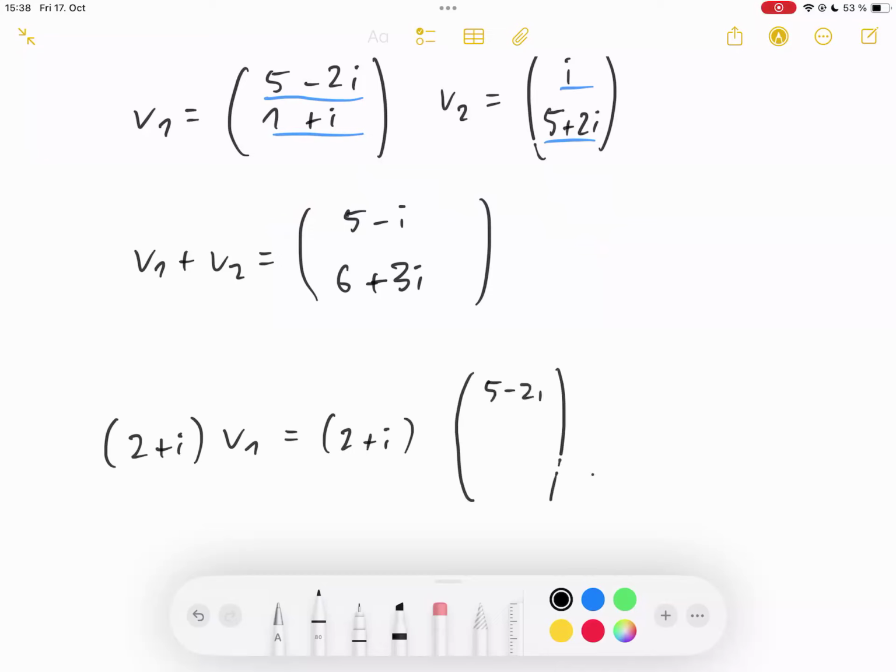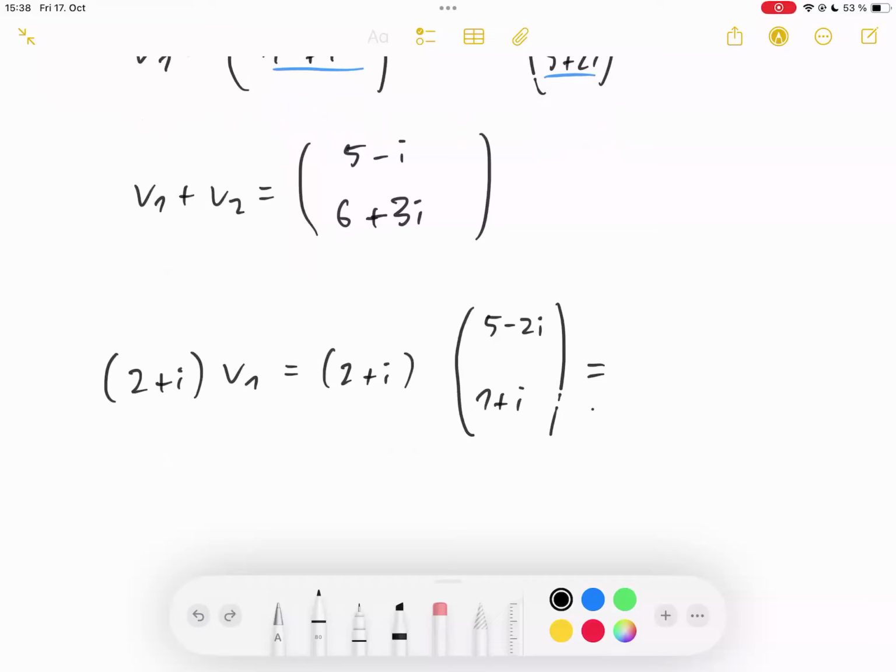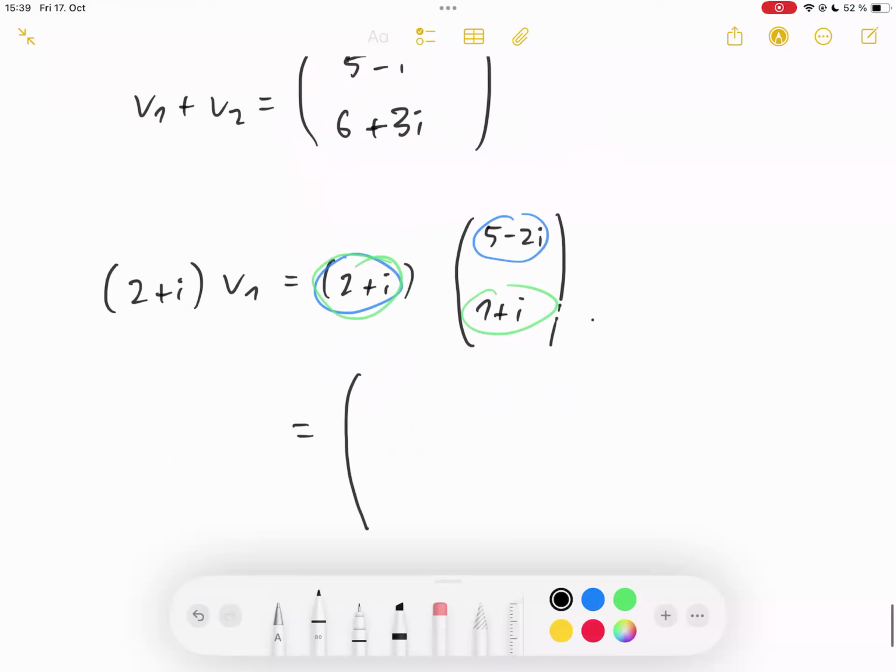So it's 5 minus 2i and 1 plus i. And it's now your task to do this scalar multiplication and tell us what you think the two entries are, or maybe let's start with the first entry. So multiply this and that, and then this and that for the second entry. If you have a suggestion for the first entry, let us know.